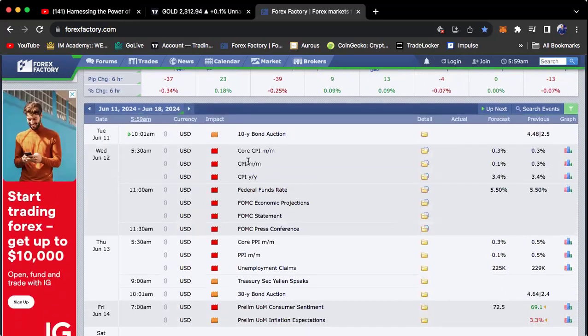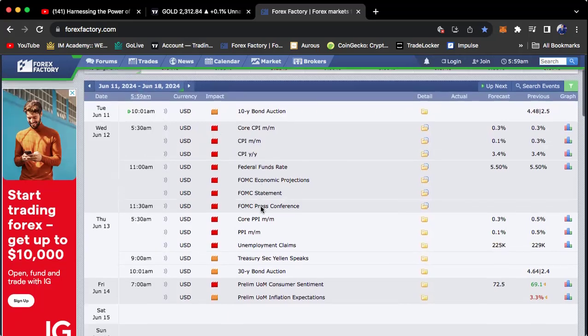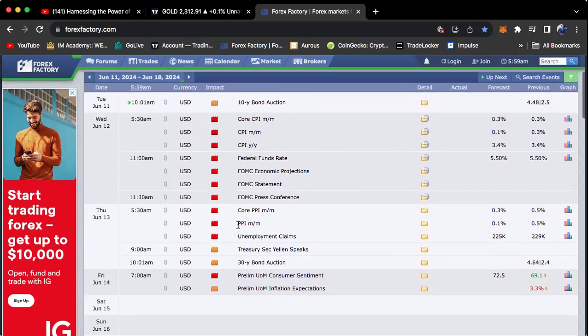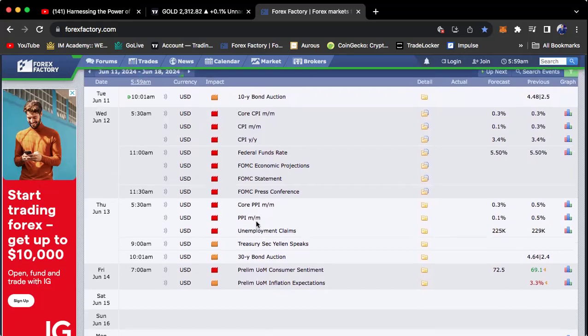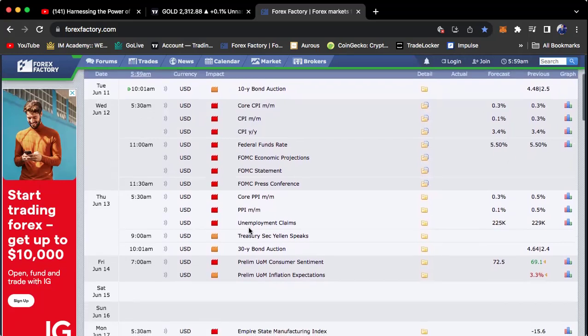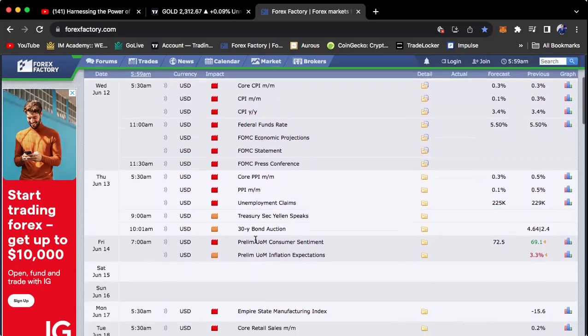Now, okay. So like I said before, we have the 10-year bond auction today, in 2 hours, and then we have CPI tomorrow following the interest rate, and then we have PPI on Thursday and unemployment claims like we do every Thursday. And then we have speeches going on, and we have the 30-year bond auction.